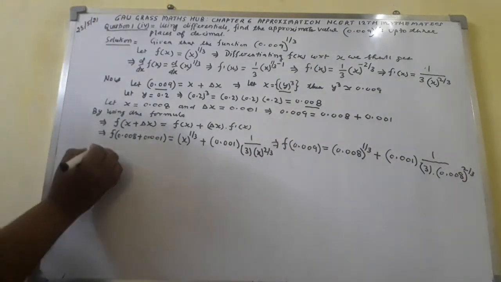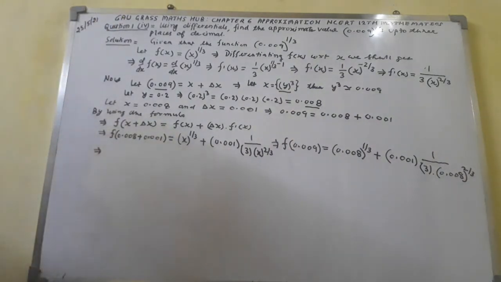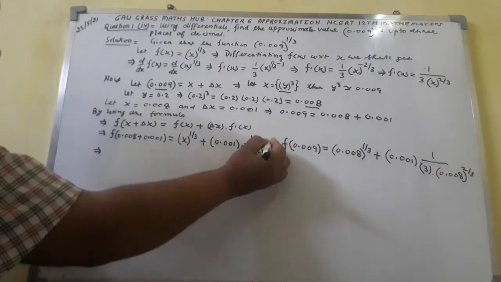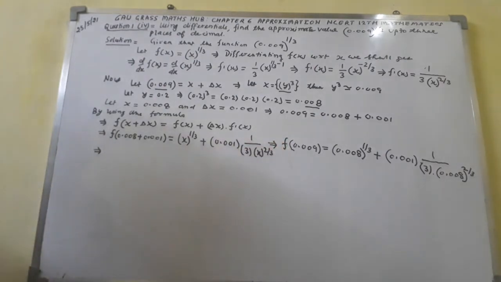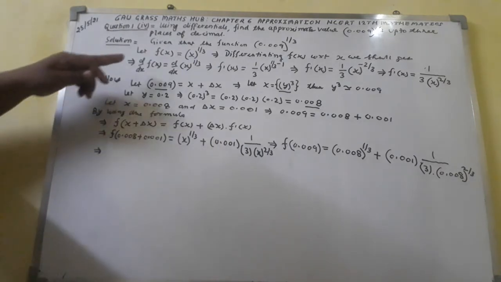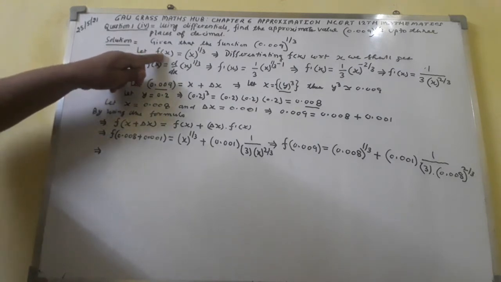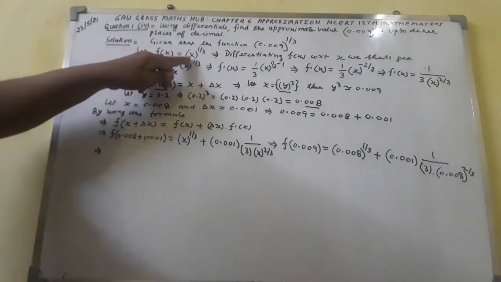What to do next? Here I shall write, implied that f of 0.009. Here f of x, so in place of x I shall write 0.009.